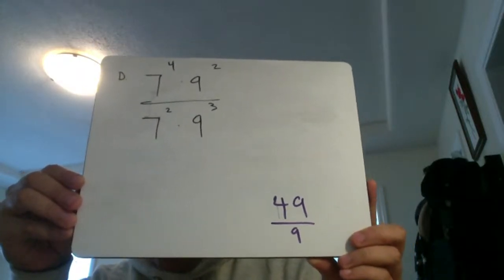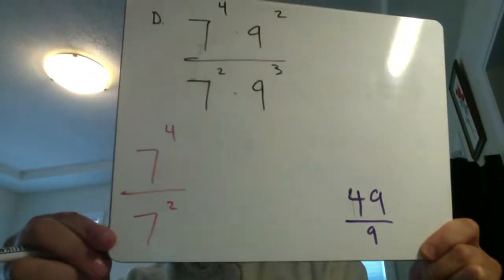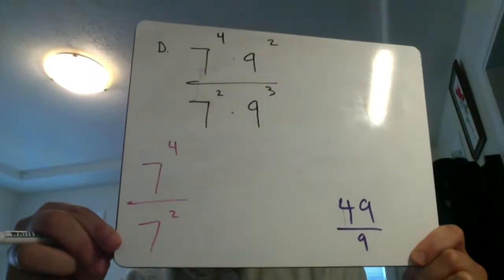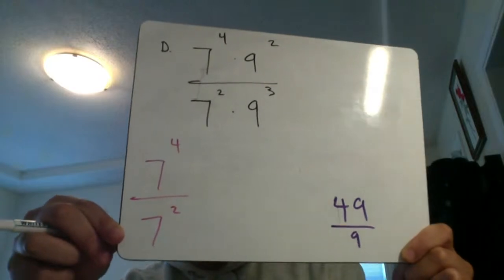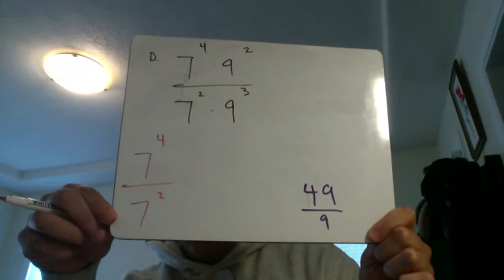So can anyone tell me what I would get if I use the quotient rule in my numerator? Someone tell me, what's 7 to the 4th divided by 7 to the 2nd power? What is 7 to the 4th over 7 to the 2nd?